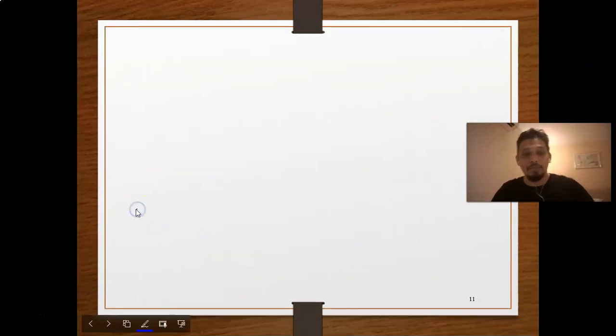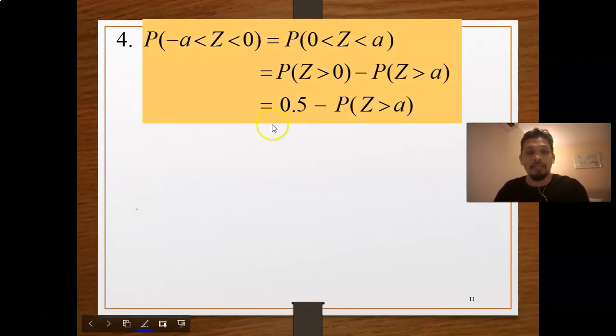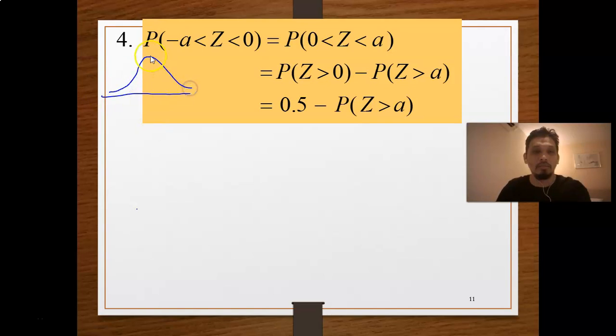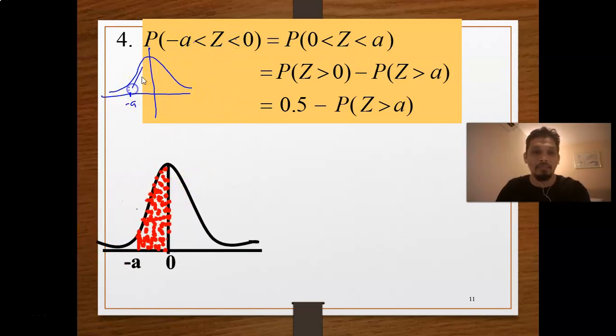So we continue. Okay, so now the probability of Z between negative A and 0. Negative A is somewhere around here on the left side, to 0. From negative A to 0 is equal to, okay, bring this to the other side.